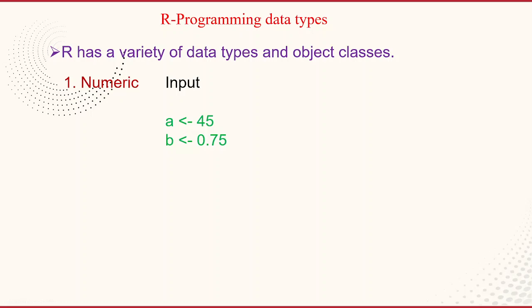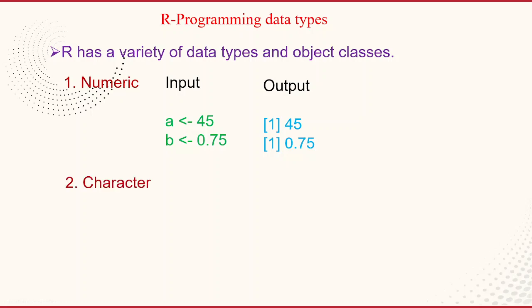Then you can see that output will be obtained for A and B. If you enter A and B, the output values obtained are 45 and 0.75. So this is the numeric data. Either integers or decimal numbers you can represent. This is one type of data.